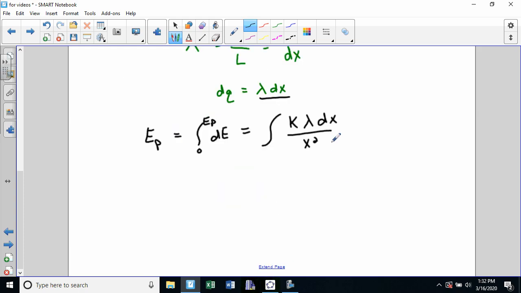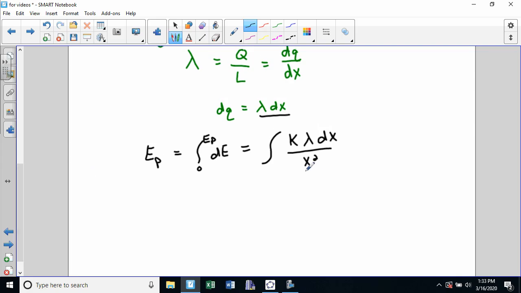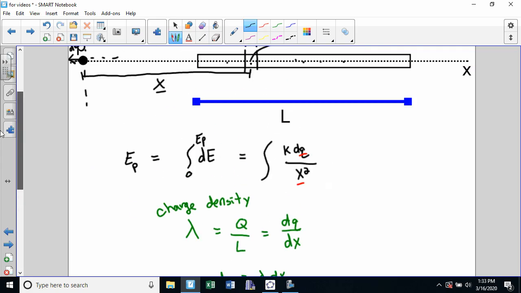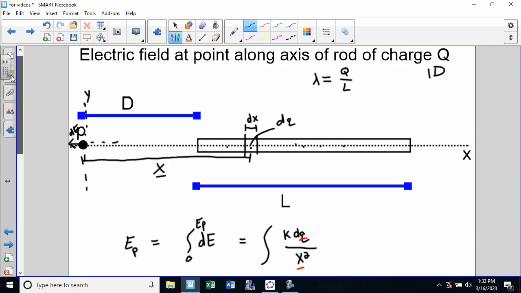Now that I've satisfied all the rules for beginning an integration, that is, everything's attached to a small factor, and the variables match the small factor that they're attached to, I'm going to choose integration bounds here. I want to make this a definite integral. So at what position will this bar start contributing to the overall electric field?